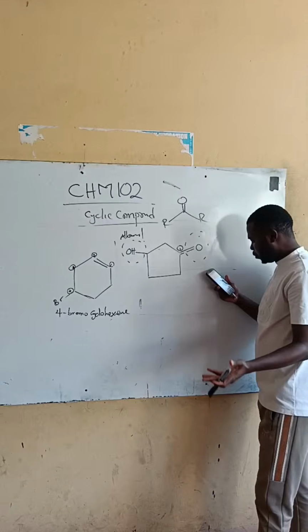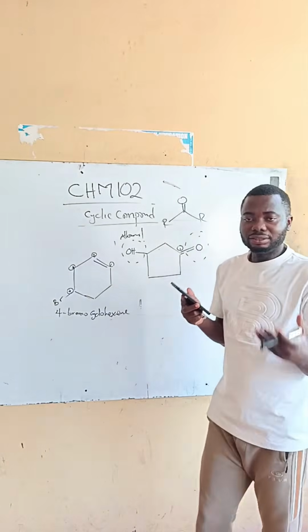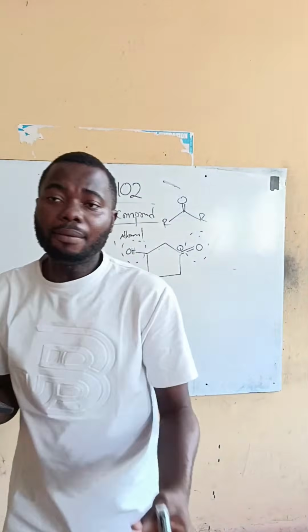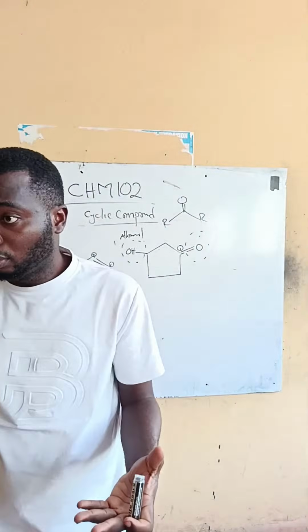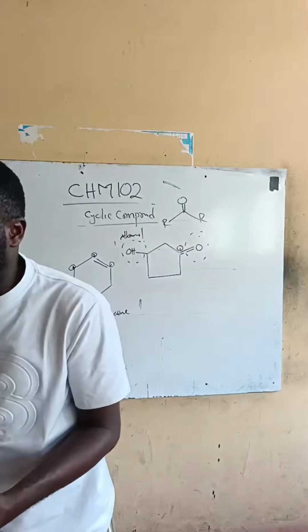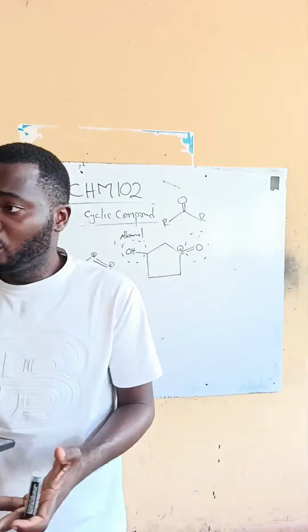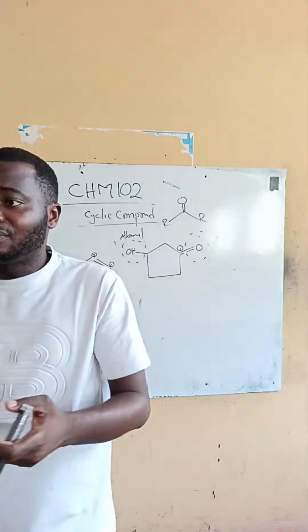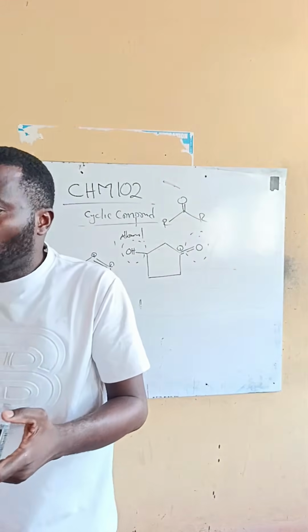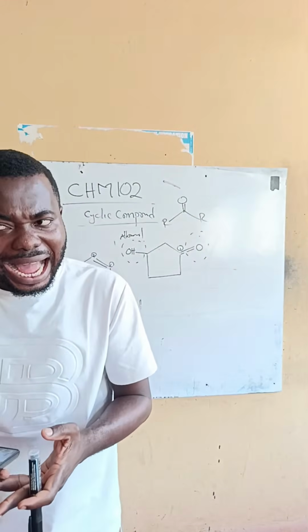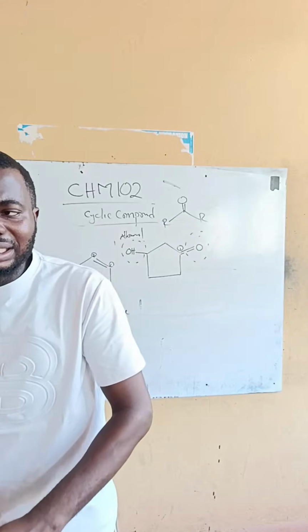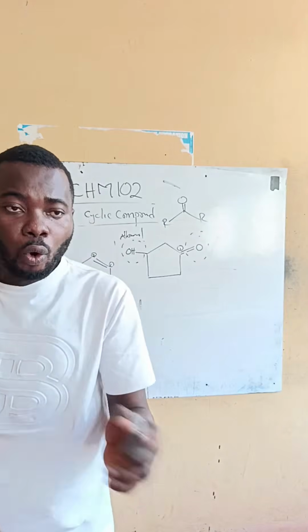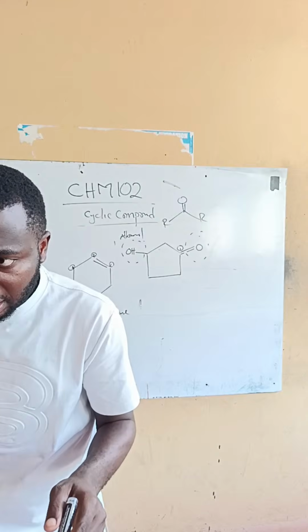Ketone is given more priority because, let me tell you what is having more priority than ketone. Carboxylic acid is having more priority than ketone. Also esters, carboxylic acid and its derivatives. Alkene and ketone are having more priority than OH.